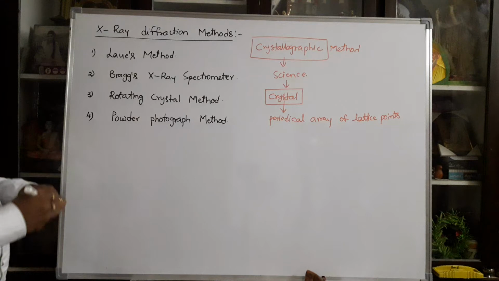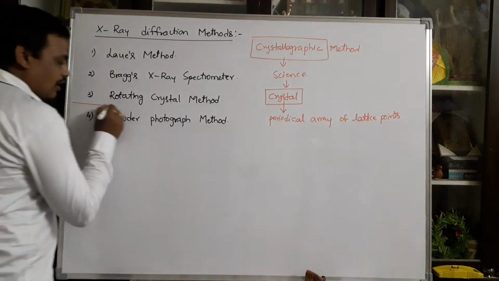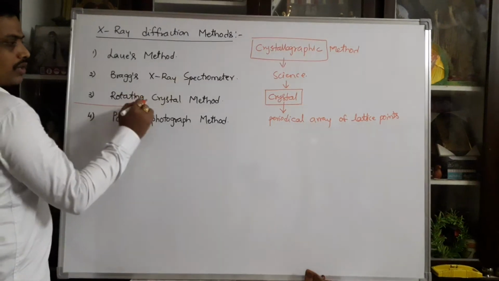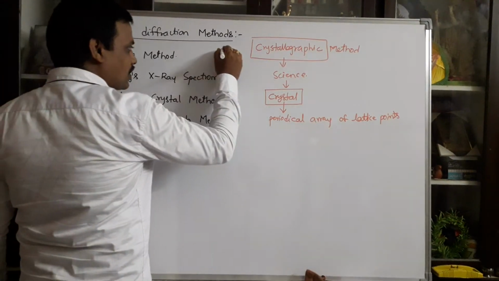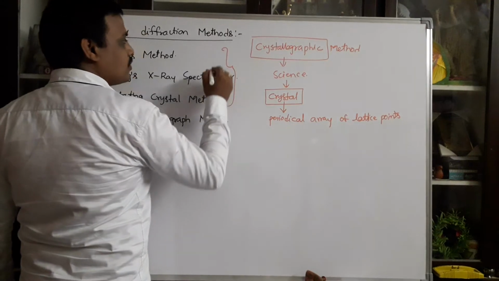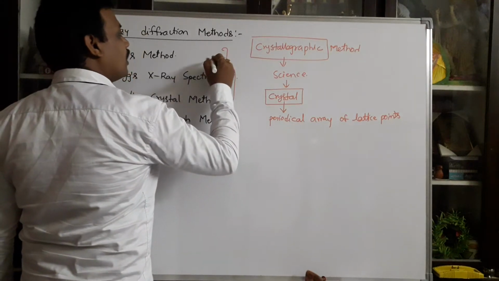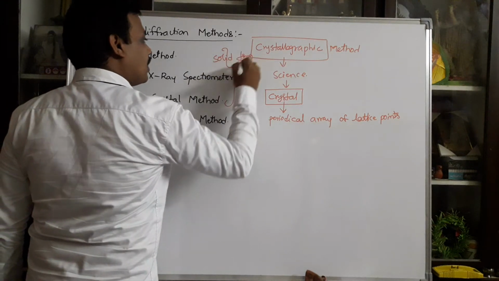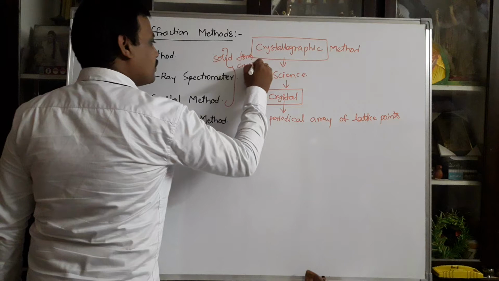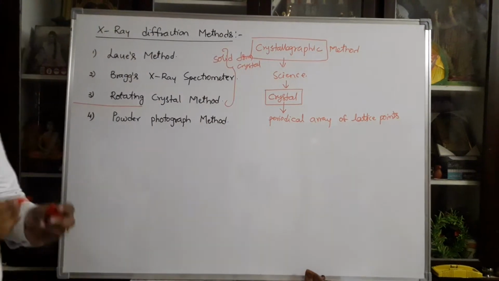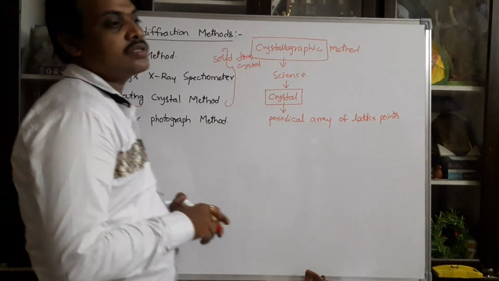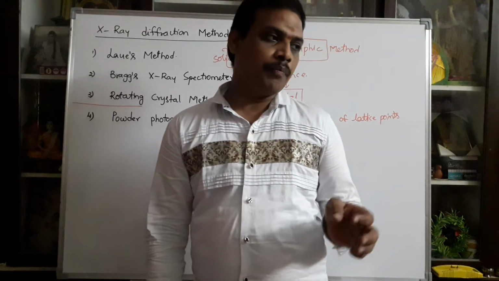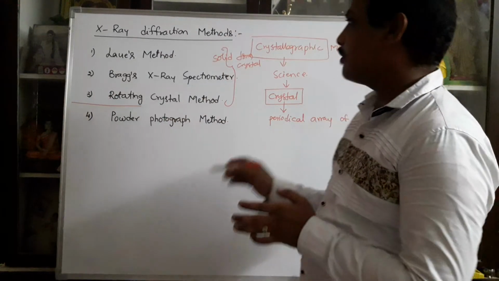Out of the 4, the first 3, Laue method, Bragg's X-ray spectrometer and rotating crystal method, particularly give the structure of the crystal in solid form. The crystal must be in solid form, not in liquid form, not in powder form, not in vapor form. The complete structure must exist in the form of a solid.